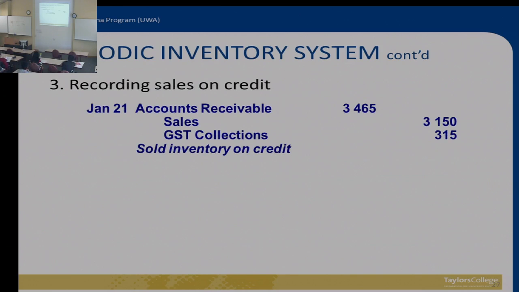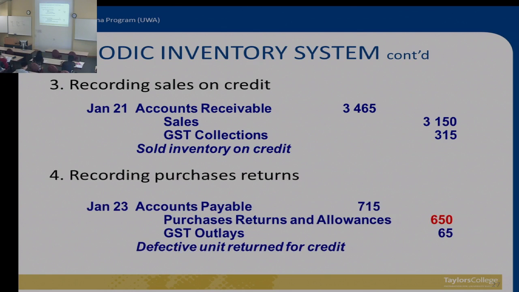Recording sales on credit is exactly the same as we've done in the perpetual system, but you don't need to record cost of sales. You've got a sale and that's all you record with the periodic system. Numbers exactly the same, accounts exactly the same as the previous system, no cost of sales to be recorded. Recording purchase returns is exactly the same as previously.